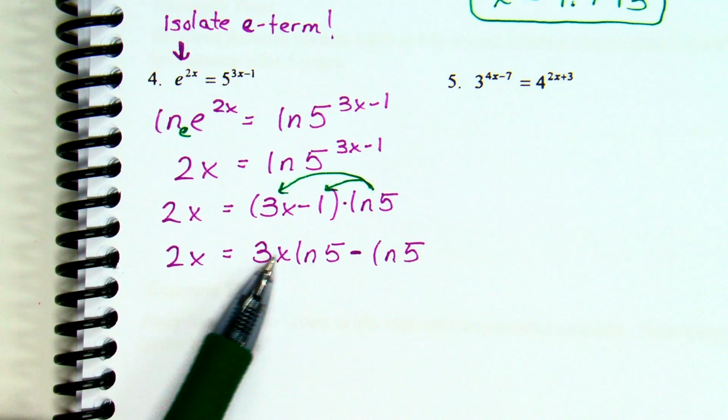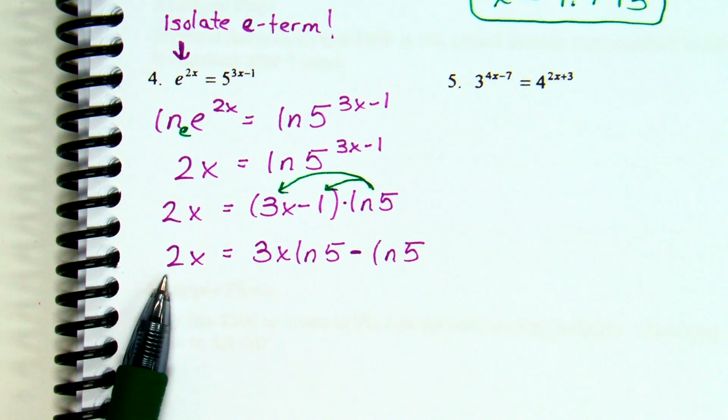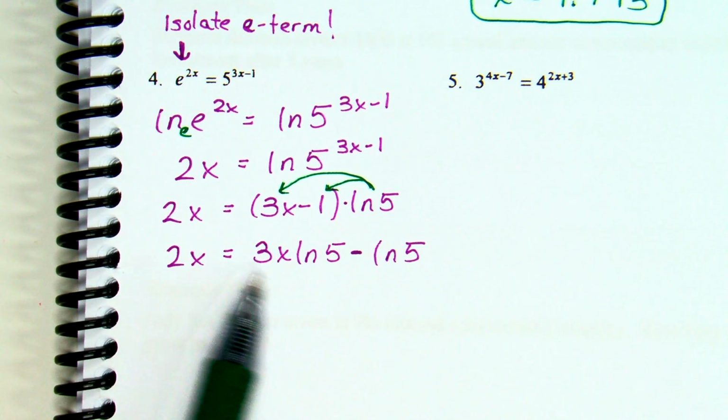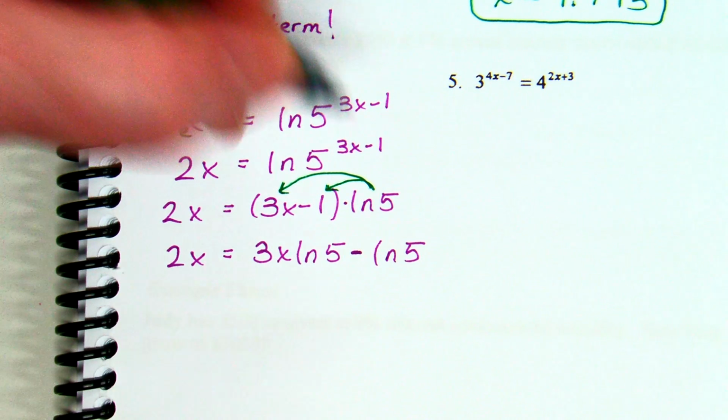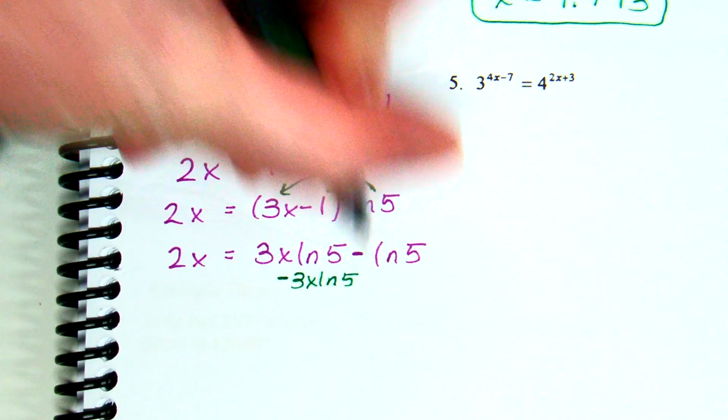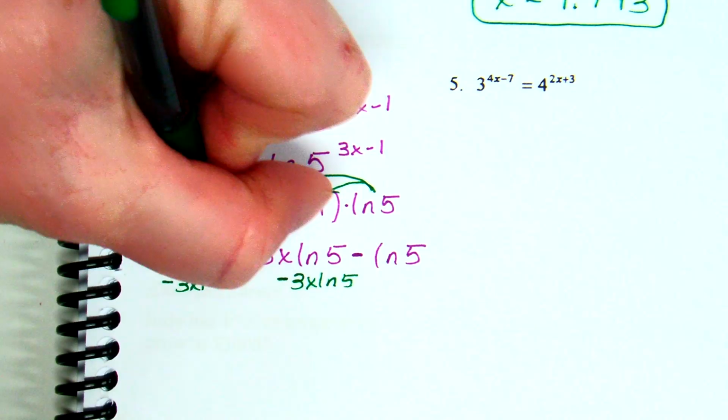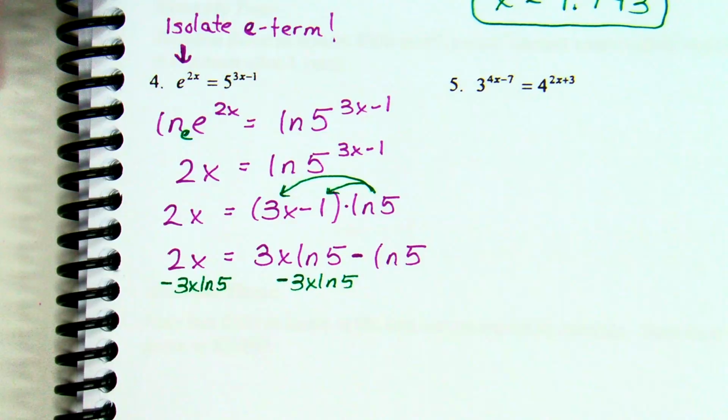We just want to take this one term, this 3x ln 5, and move it to the other side. My goal is to get these x terms together. So if this is a plus 3x ln 5, we want to subtract 3x ln 5. If I subtract 3x ln 5 on one side, subtract it on the other side.